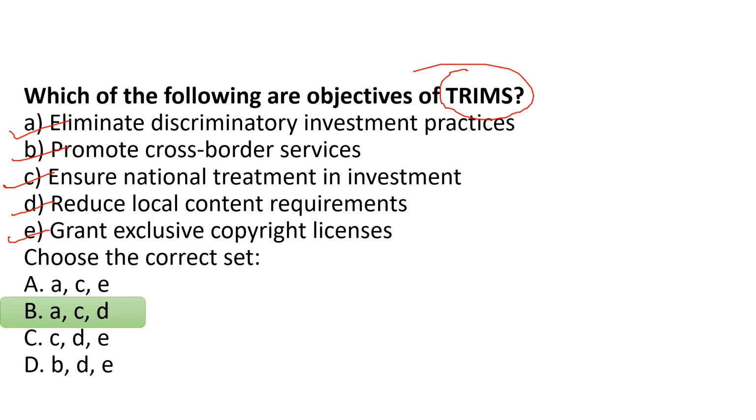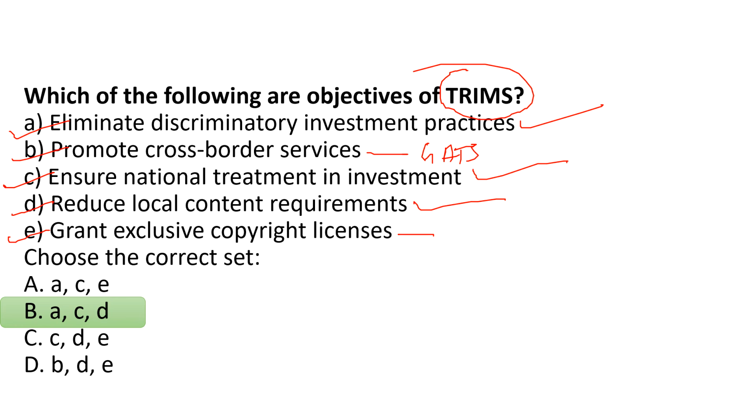All right, so the right answer is options A, C, and D. That means eliminate discriminatory investment practices, then ensure national treatment in investment, and then D, reduce local content requirements. Promote cross-border services, that is related to the GATS.